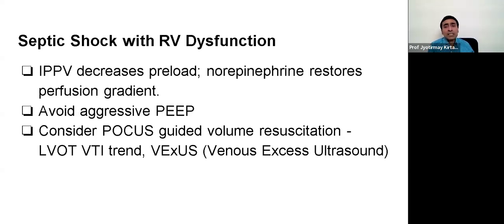And you can do the venous access ultrasound. You look at your liver, hepatic vein. If the hepatic venous waveform is pulsatile, we call it a pulsatile liver. So the patient is grossly overloaded and probably has congestive hepatopathy in severe RV failure. So we don't overload the patient with fluid.